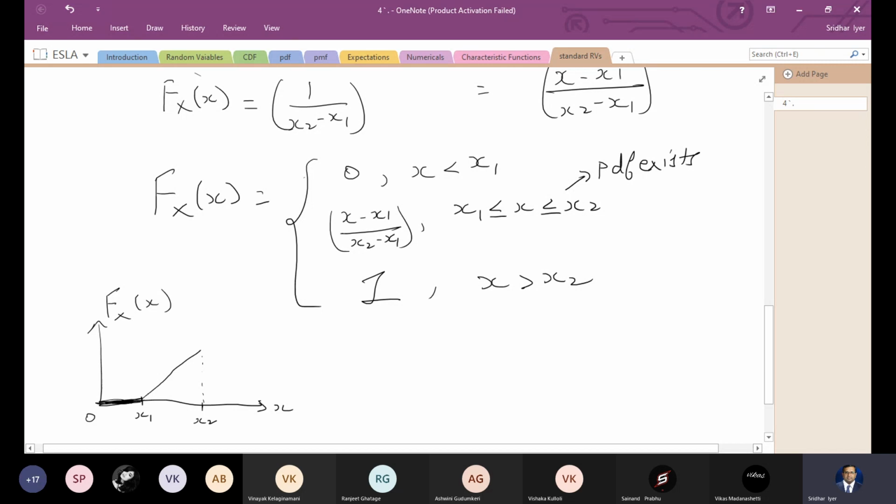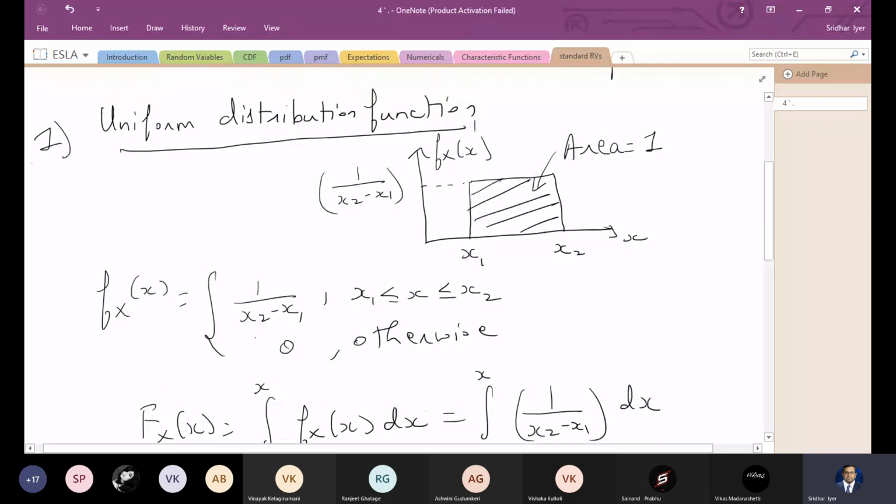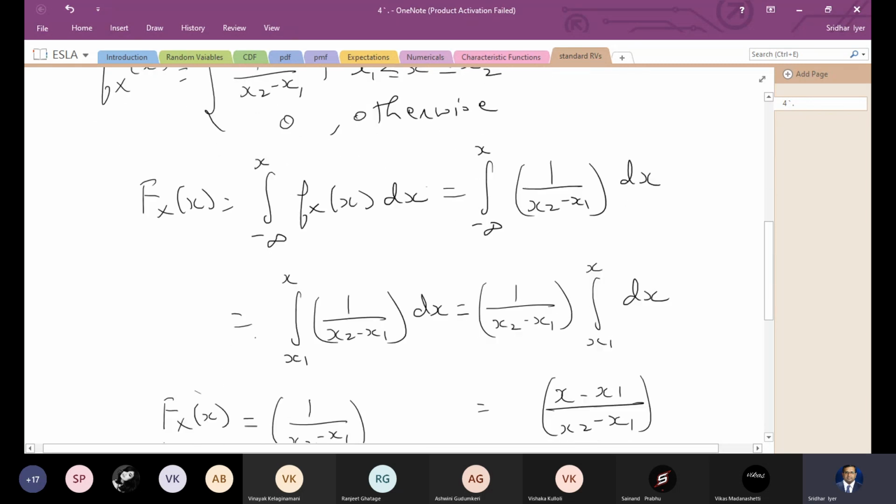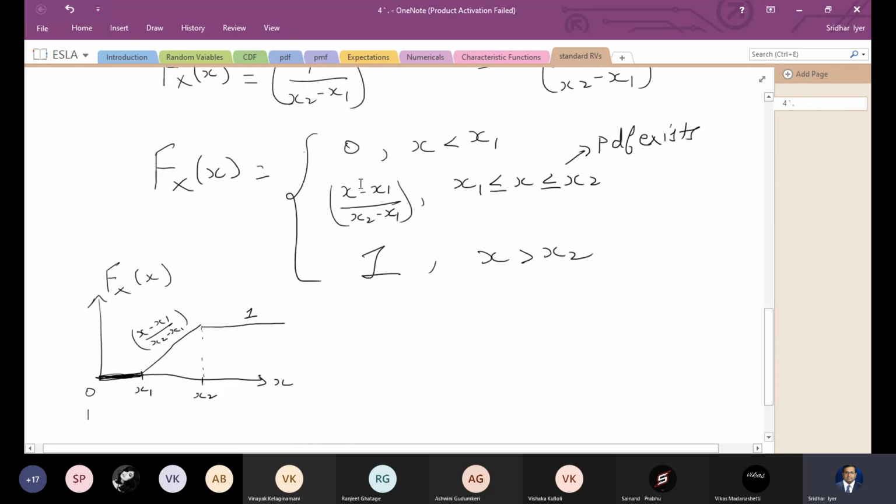So this ramp like value, the slant value, is x minus x1 divided by x2 minus x1, right? And then this value exists till x2, and after x2 the value is just 1. So that's how the CDF of the uniform random variable looks like, right? So this is how we define the PDF of the uniform random variable, and that is how we define the CDF of the uniform random variable, right?